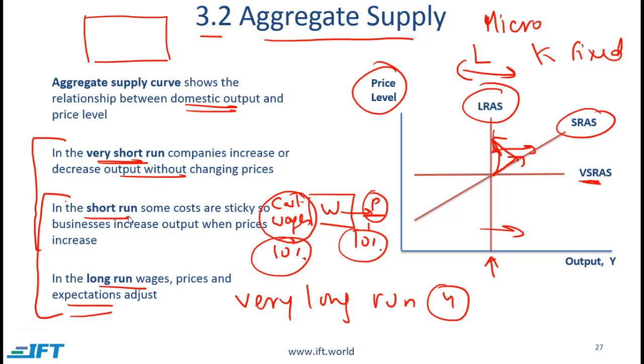When we say short run here, we say that wages or some costs are sticky, which means they don't change in the short run, but all costs, which includes wages, change or adjust in the long run. Make sure you understand that distinction between micro and macroeconomics.